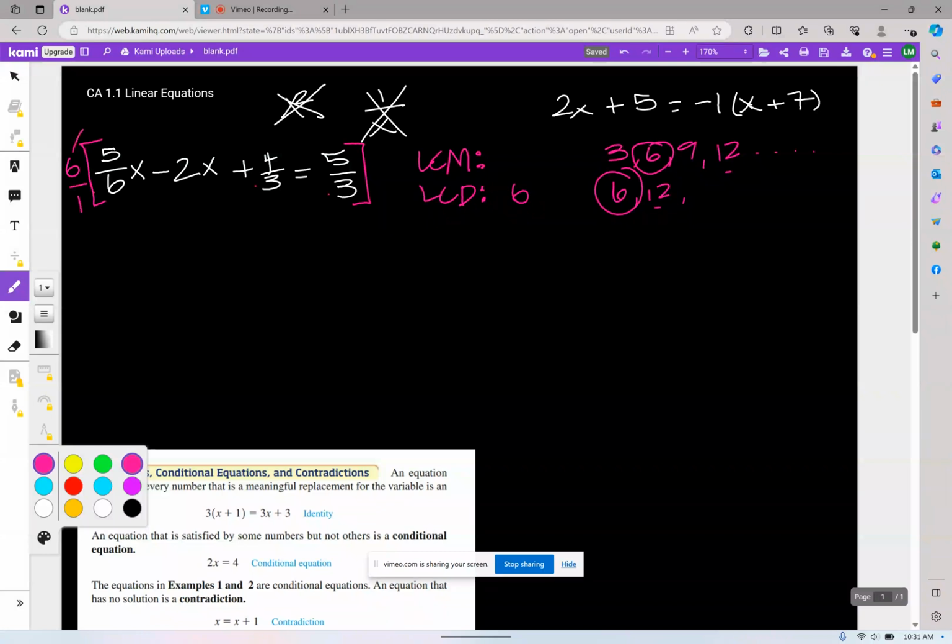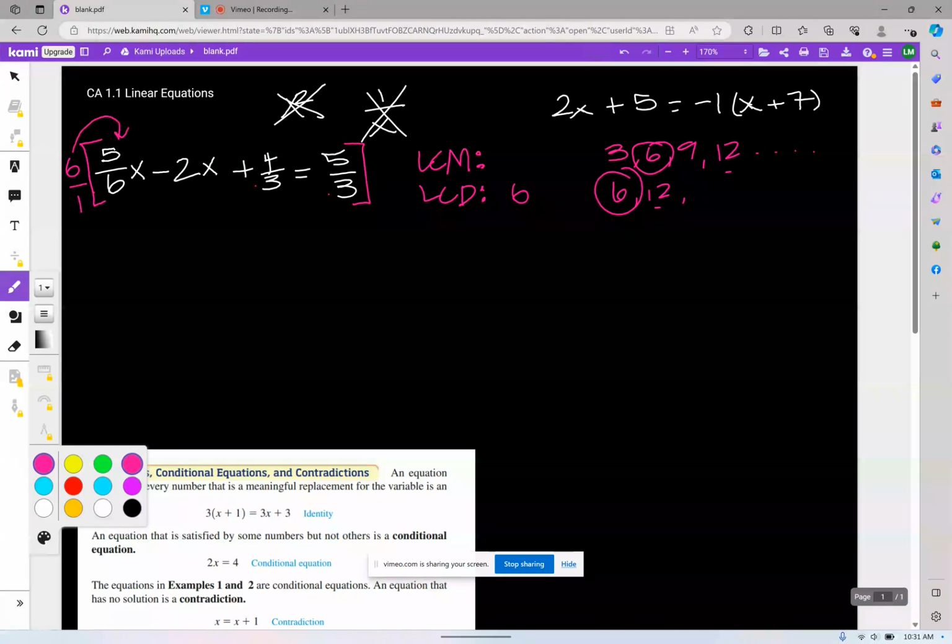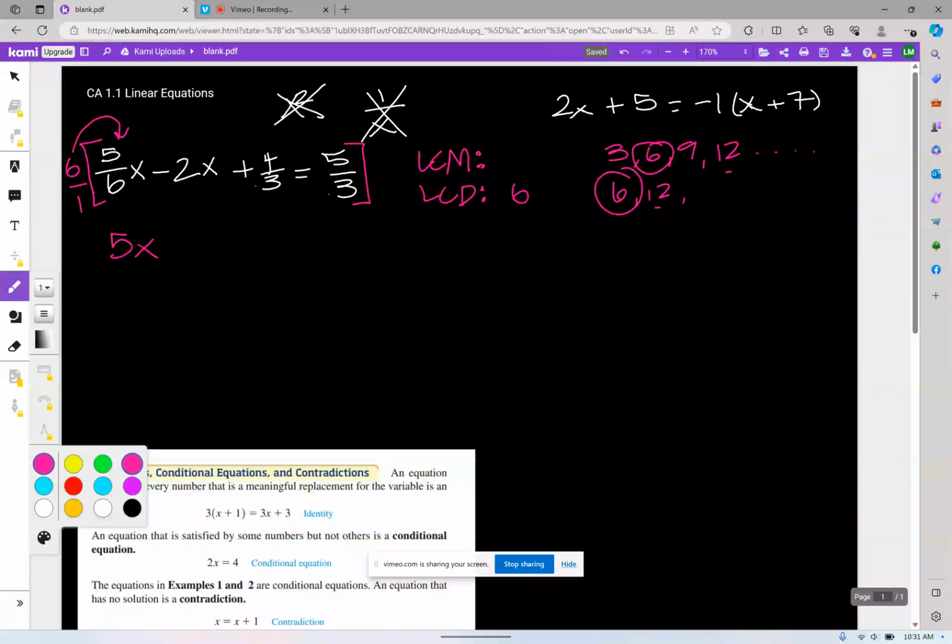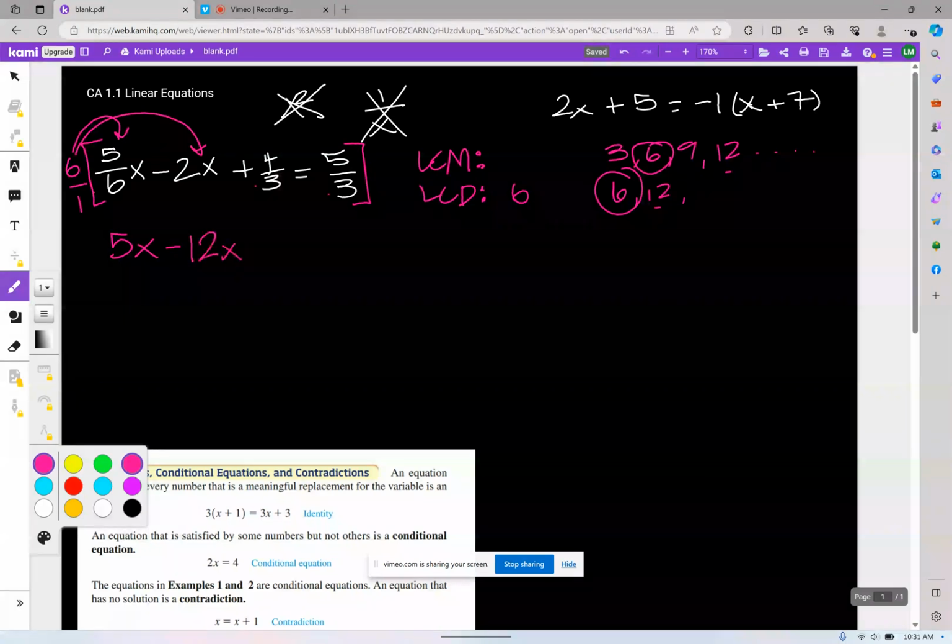So I'm going to multiply this fraction by 6. So 5 over 6 times 6 over 1 is 5, and I keep the x with it. All right, so the 6's are going to cancel out. I take the 6 and I multiply it by the next term. 6 times 2 is 12, so minus 12x.